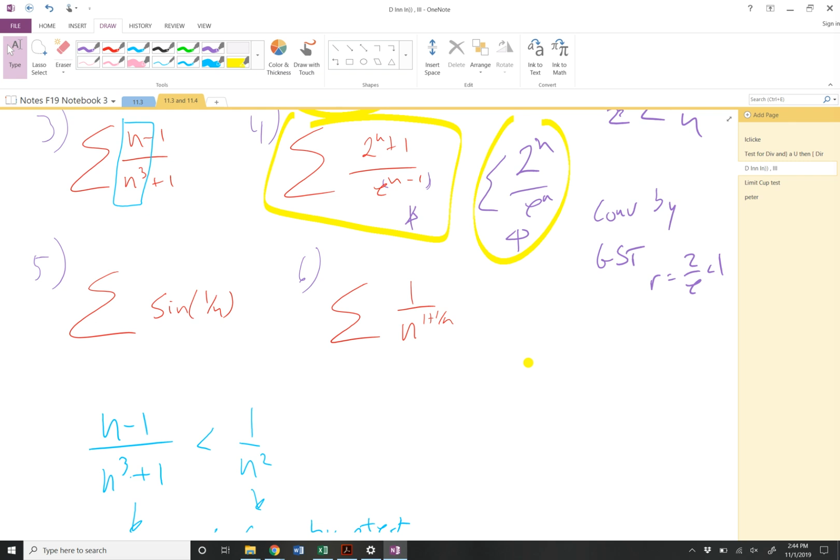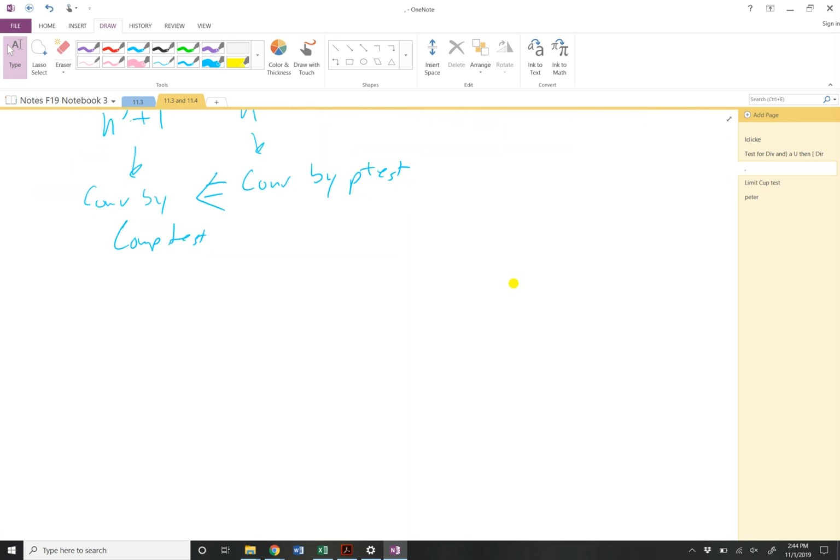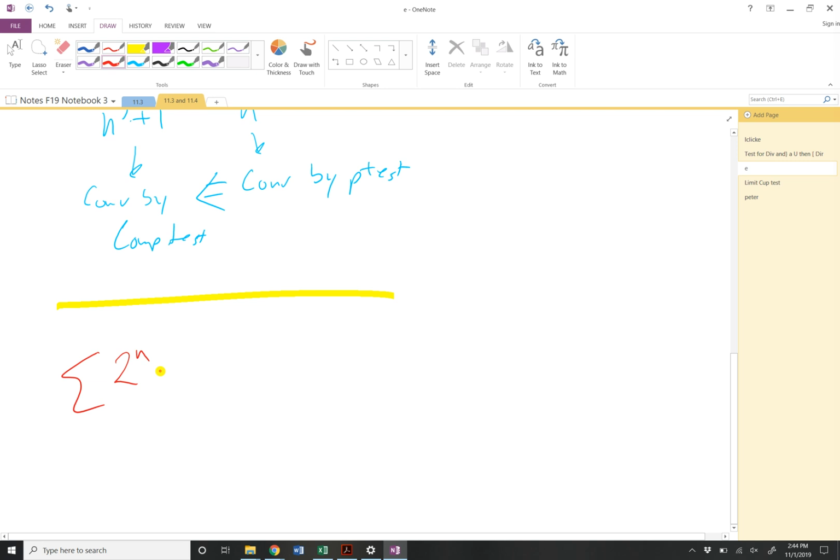If you have a hard time reasoning through it, or it's one of those difficult cases, then just do the limit comparison test. So let's do a limit comparison test for practice. I'm going to set it up again down here at the bottom. So 2 to the n plus 1 over e to the n minus 1. I'm going to do a limit comparison test with 2 to the n over e to the n.